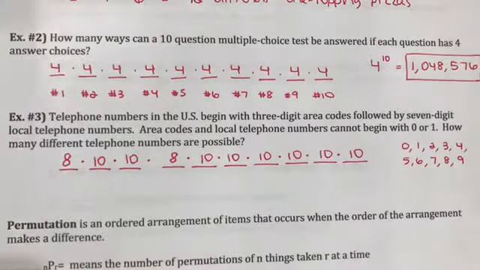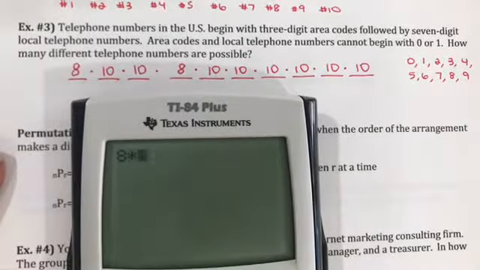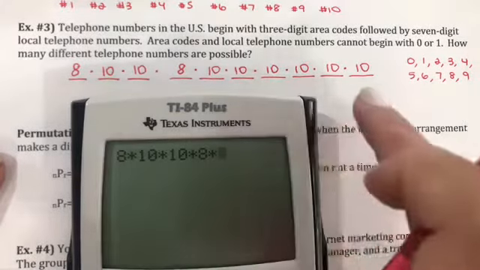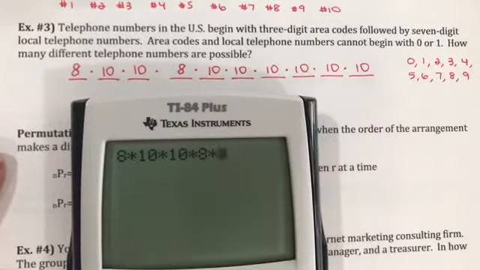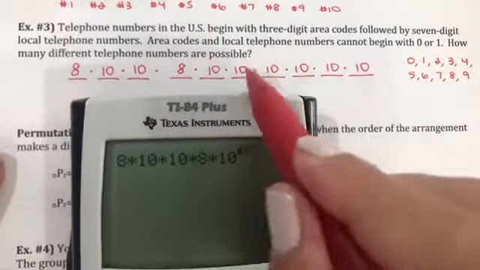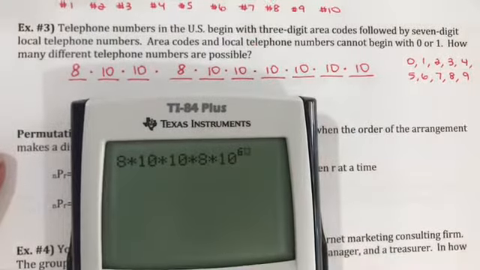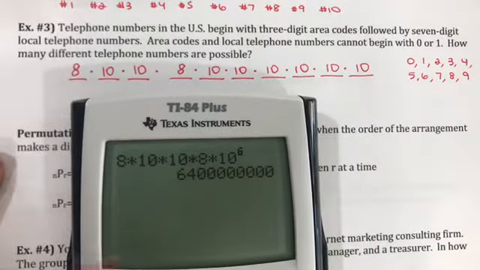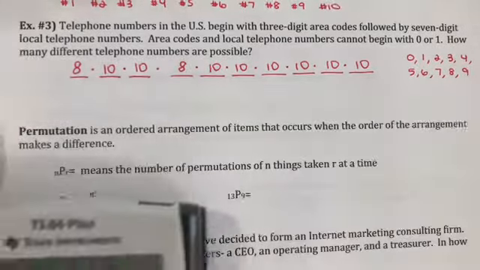So I've got, and you can just type it out if you want, 8 times 10 times 10, times 8 times, now I need 6 10s. You'll notice I can do 10 to the 6th if I don't want to type them all. Notice there's 1, 2, 3, 4, 5, 6. All right, so let's make sure we get the right number of zeros here.